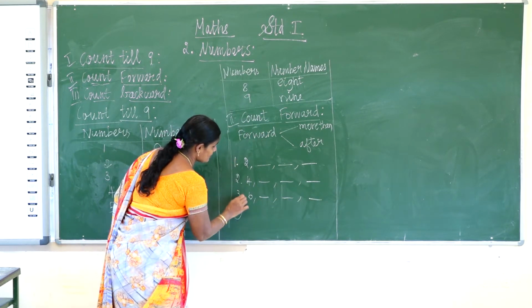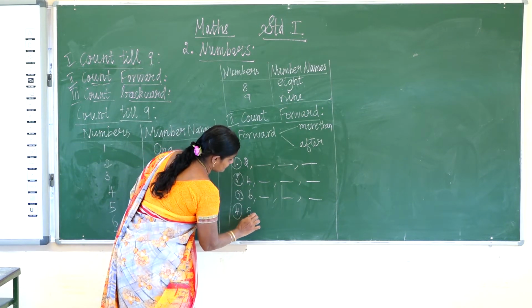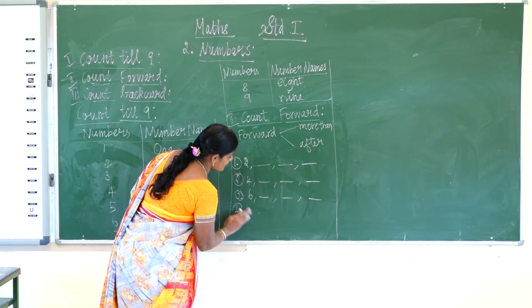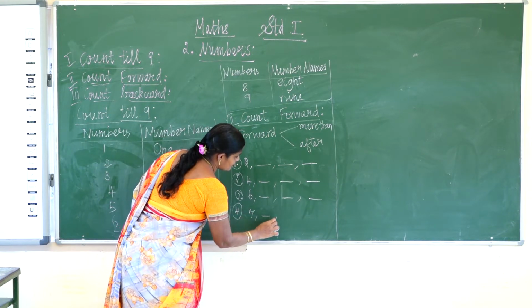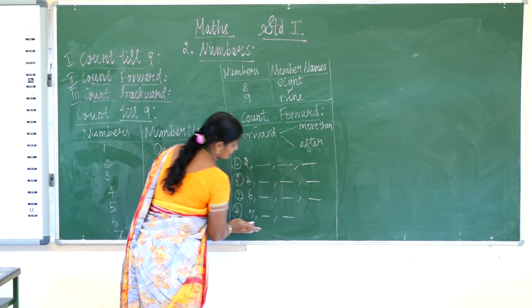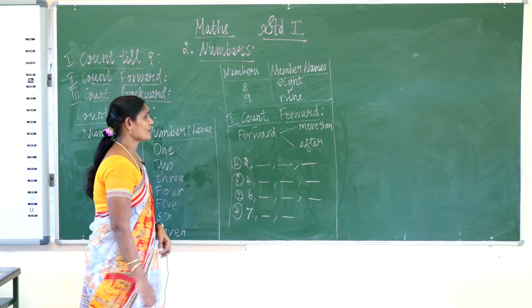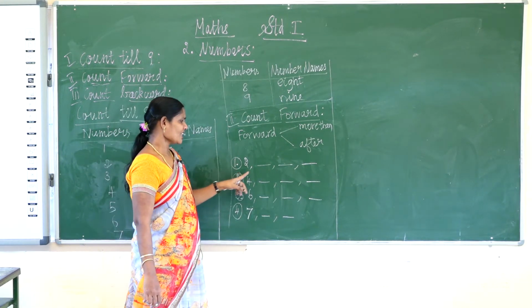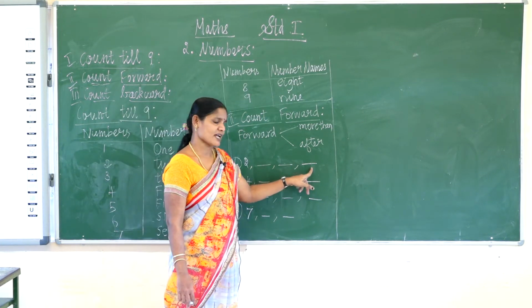Okay, fourth one, start with 6, 7. Okay, listen. So sums are given here. 2, dash, dash, dash.